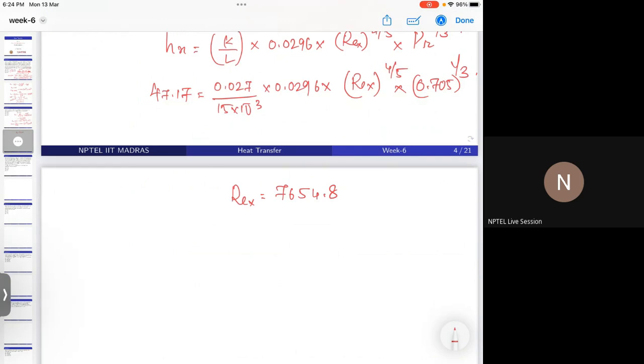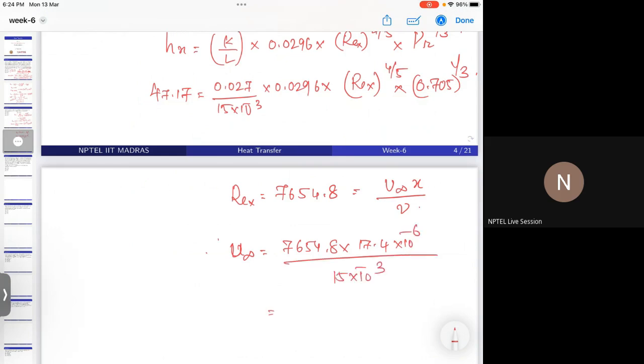Then you can use U infinity x or L divided by mu. So what is U infinity? That is 77,654.8 into 17.4 into 10 raised to minus 6 divided by 15 into 10 raised to minus 3. Can you please calculate this answer?